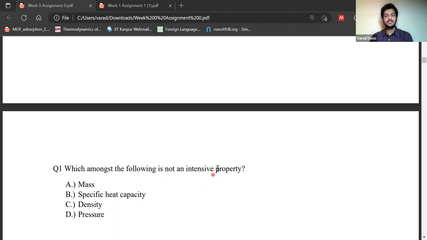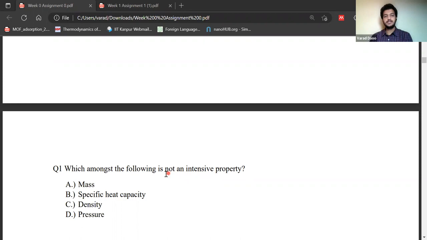First, let us understand what an intensive property is. When we say property, there are 2 types of properties: the intensive property and the extensive property. The properties, thermodynamic properties, which depend on mass are the extensive properties, and the properties which do not depend on mass are called intensive properties, right?